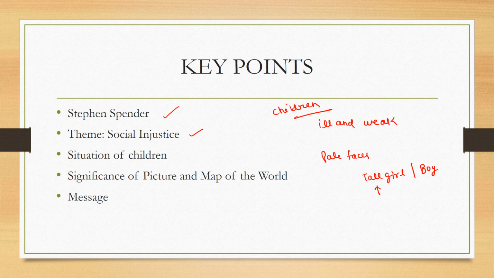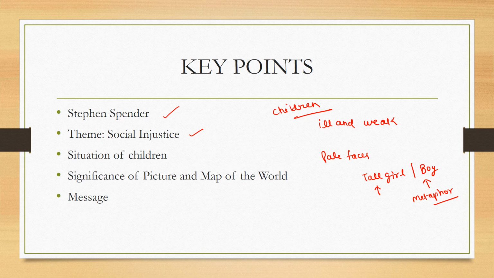Due to despair and depression, her head is weighed down, and there is no ray of light in her life. Similarly, there is a boy. He is as thin as paper, a metaphor that he is very, very thin.